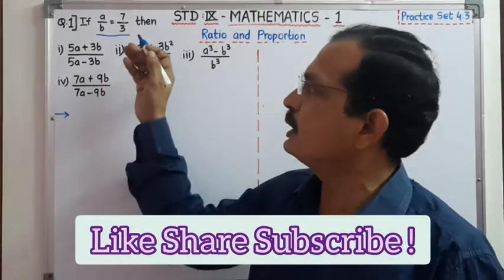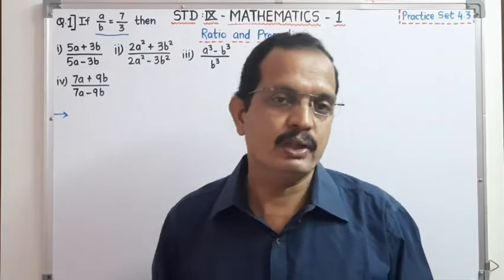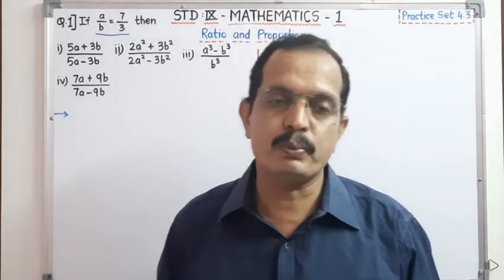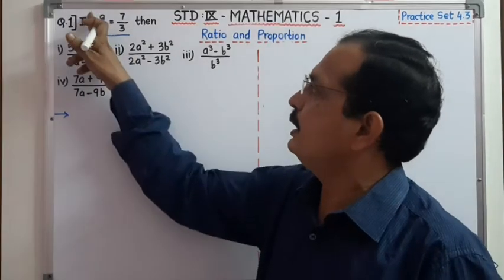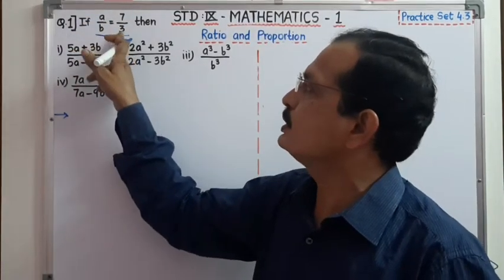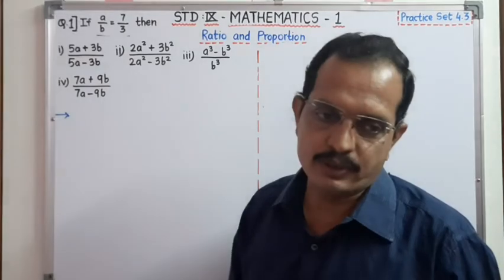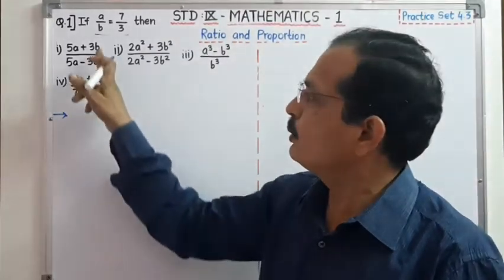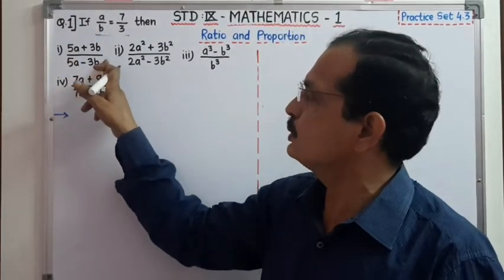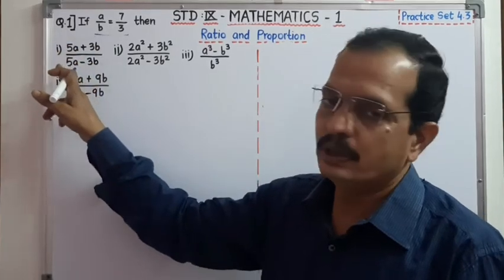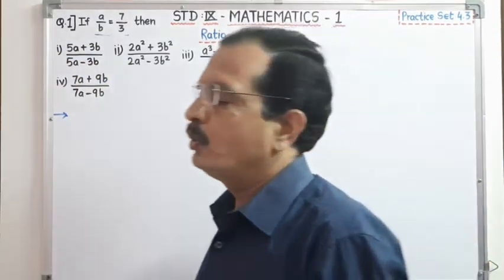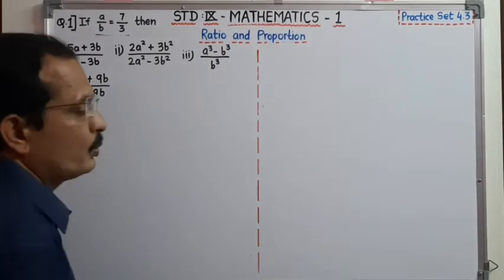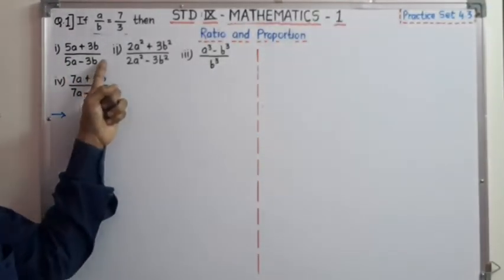Now, all of you know that just now we learned various properties or operations on equal ratios. Here, a upon b is equal to 7 upon 3, these two ratios are equal, that is given. And we have to find out the value of this ratio. Now, observe this first one. First of all, we have to observe the ratio whose value we have to find out.